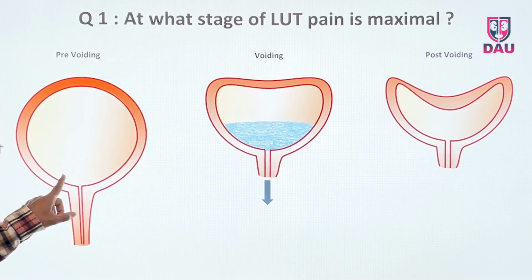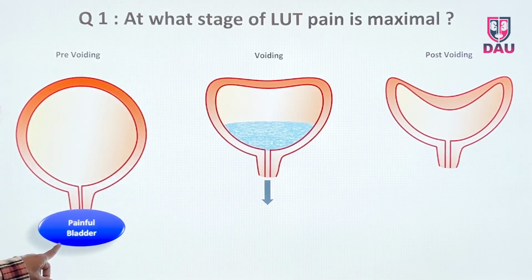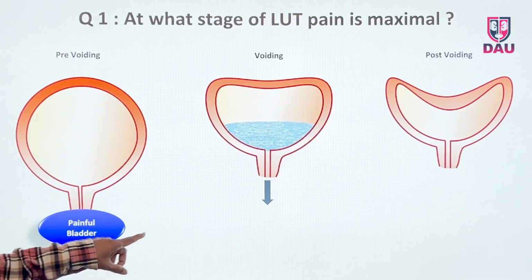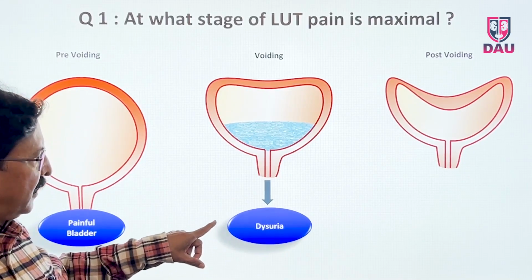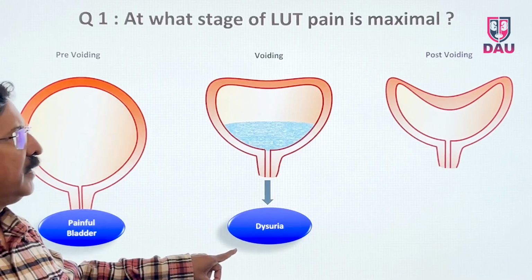If the patient experiences pain in the filling phase of the urinary bladder, this is a case of painful bladder. And the patient will say, after I pass urine, my pain becomes lesser. If the patient experiences pain during voiding, this is called dysuria.